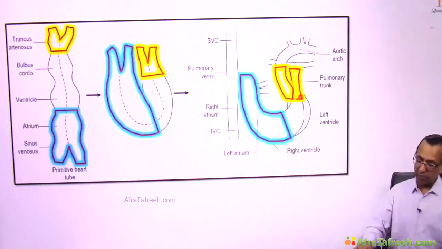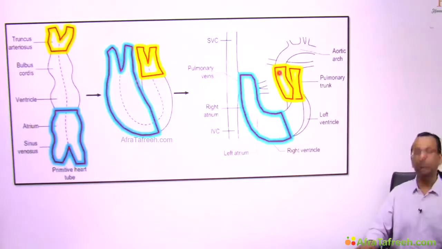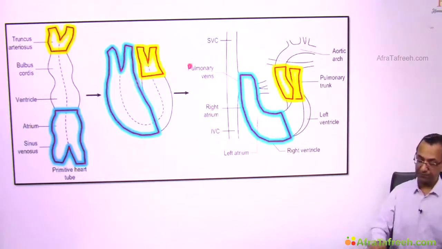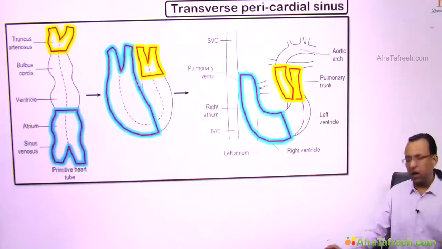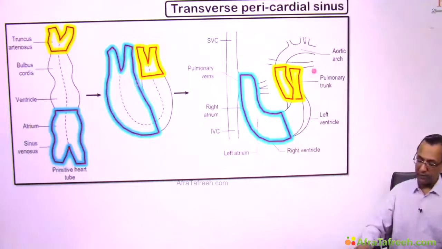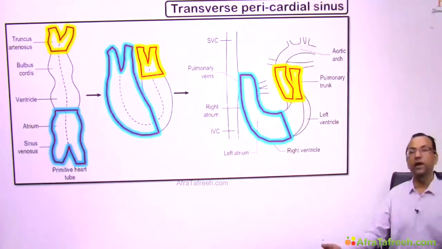The truncus arteriosus is giving the pulmonary trunk and ascending aorta. The pulmonary trunk is more anterior, the ascending aorta is posterior, but both of them would have come from the truncus arteriosus. And what is between the arteries anterior and the veins posterior? What is between the arteries anterior and the veins posterior is the transverse pericardial sinus.